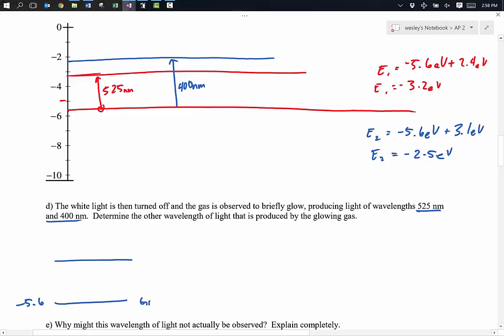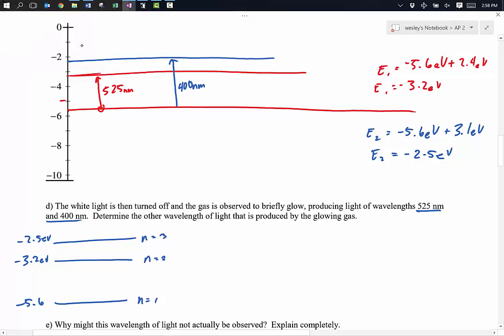So that's ground, our n equals 1 level. N equals 2 is the negative 3.2 electron volts, and n equals 3 is the negative 2.5 electron volts.